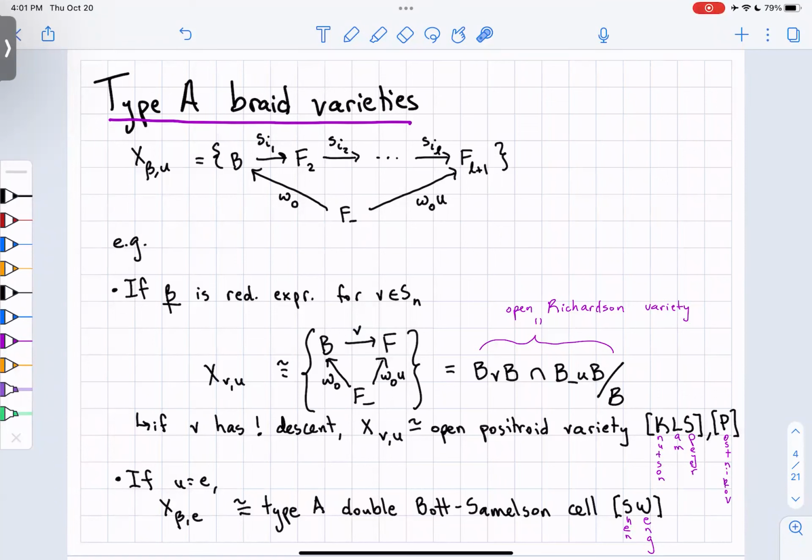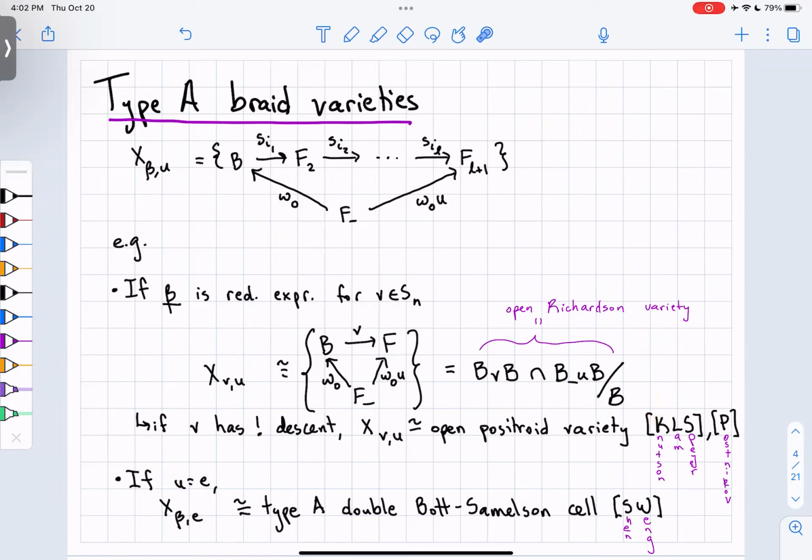The positroid varieties are exactly the open Richardson varieties that project isomorphically down to the Grassmannian. And which Grassmannian you can figure out by knowing where your permutation has a descent. I can tell you which open Richardson varieties should project isomorphically to some other G mod P, but I can't tell you anything more about them, except that they're special cases of this story.